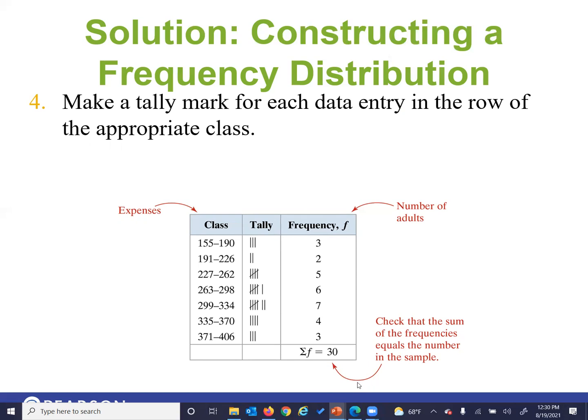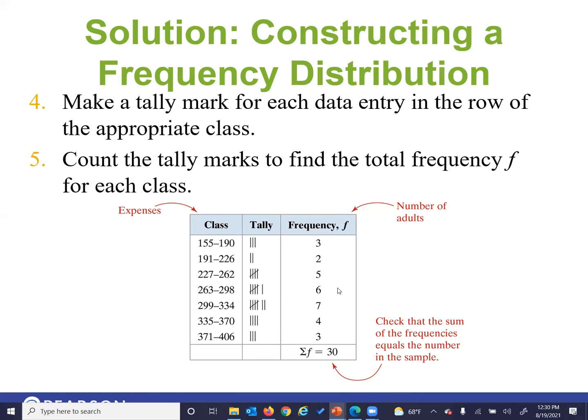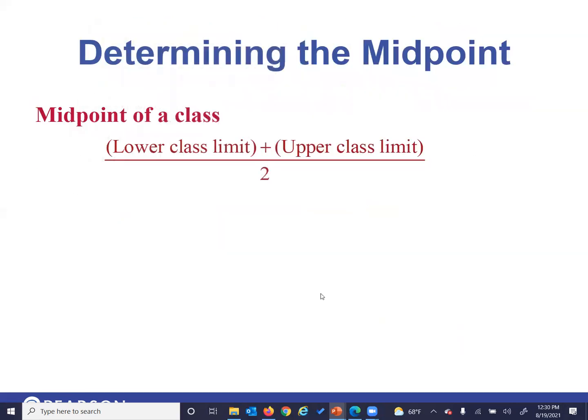Now let's get into some formulas. Good. Let's dig a little deeper. So there's a formula. The way we represent the data, sometimes we use something called a midpoint. Midpoint of a class. Sometimes in data sets you actually see the data set up in midpoints.